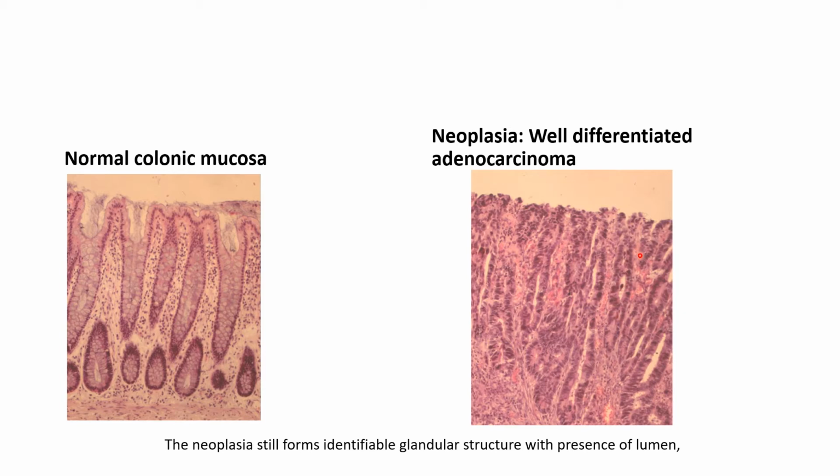The cells lining the crypts appear dark due to nuclear hyperchromasia combined with a marked increase in the nuclear cytoplasmic ratio. The neoplasm still forms identifiable glandular structure with the presence of the lumen, similar to what we see in the normal colonic mucosa. And this is what we call a well-differentiated adenocarcinoma.